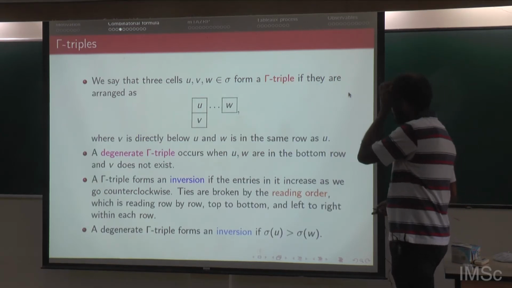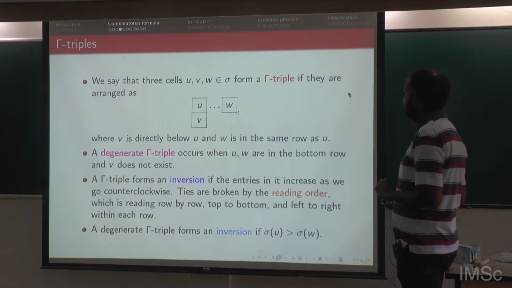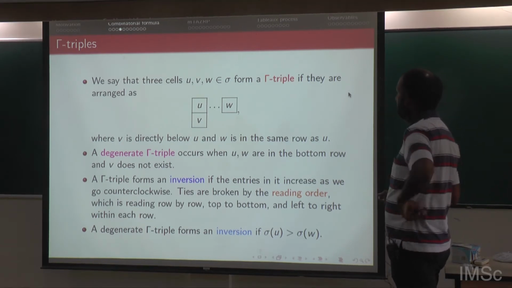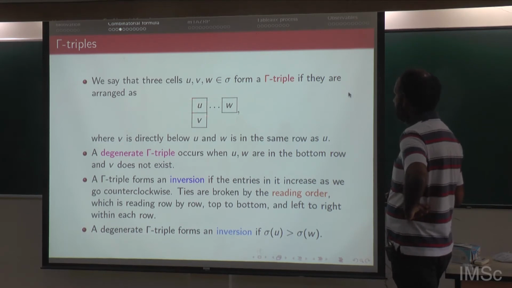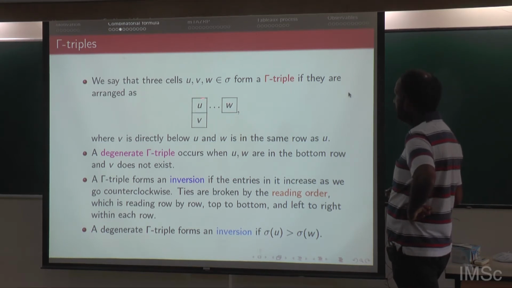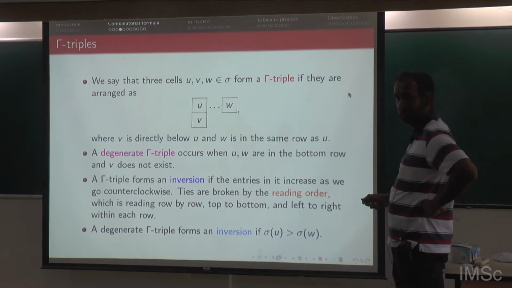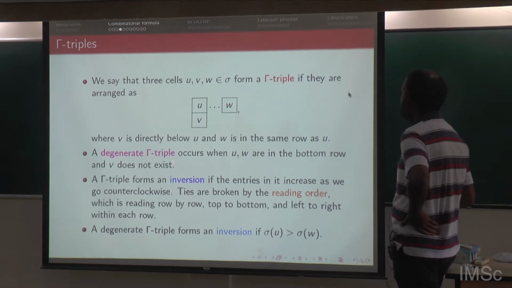Okay, so now the other statistic, the inv statistic, is a little more complicated, and this requires 3 cells. In this case, u and v, again as before, u is directly above v in the same column. And w now has to be in the same row as u. So they form like a gamma shape. So that's why I call them gamma. Forget about degenerate triples.